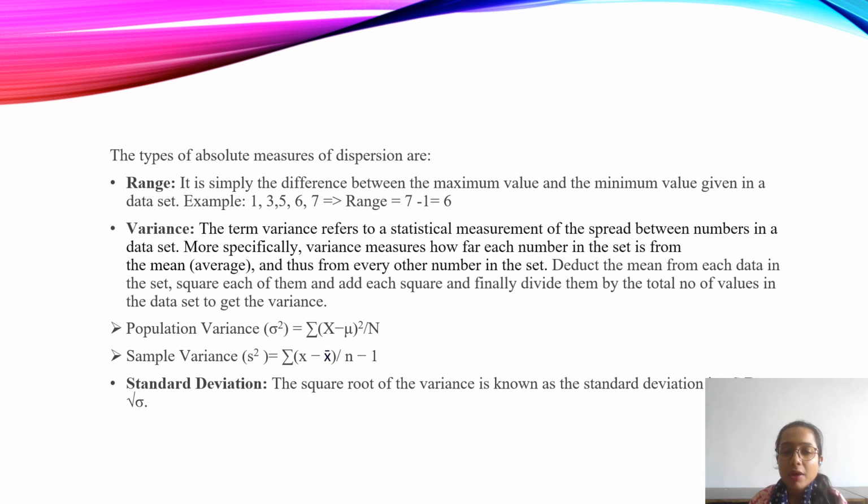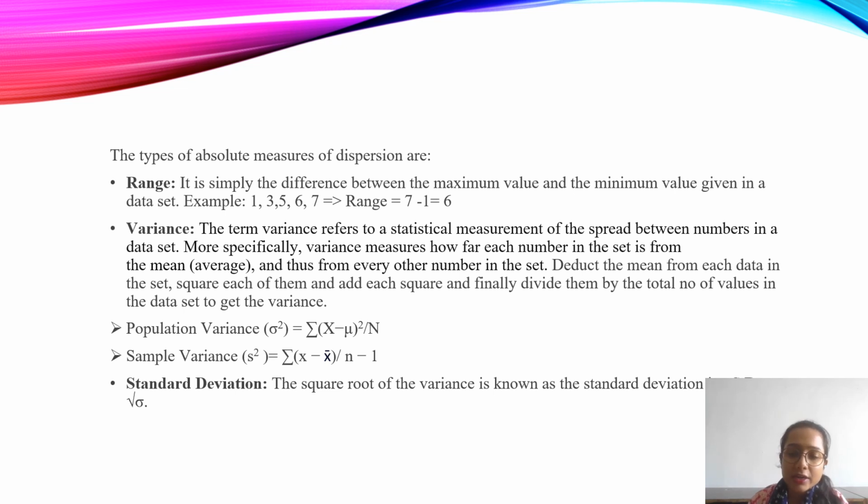Generally we apply the formula for sample variance because, according to the t-test or chi-square test, the population should be greater than 30. So the observations should be at least more than 30 for a population variance. If we do not have that kind of population, then we simply apply the sample variance formula.